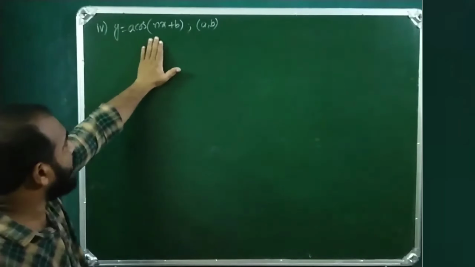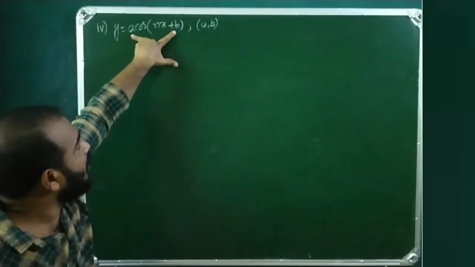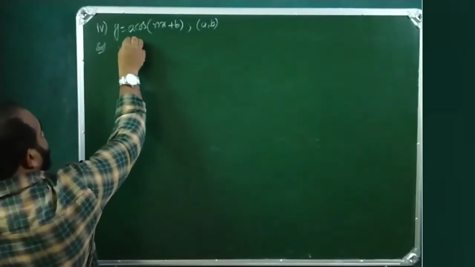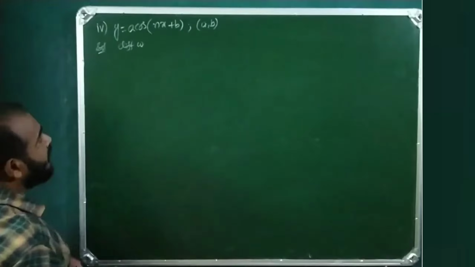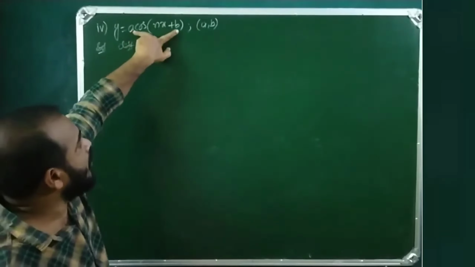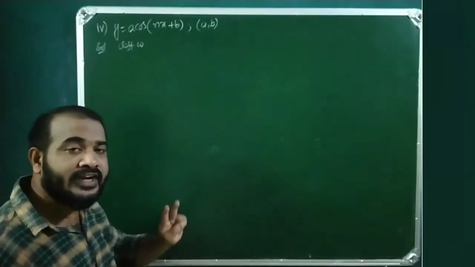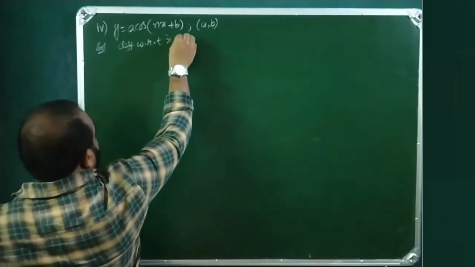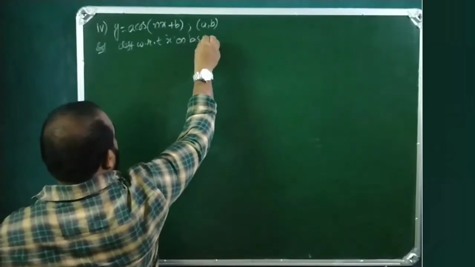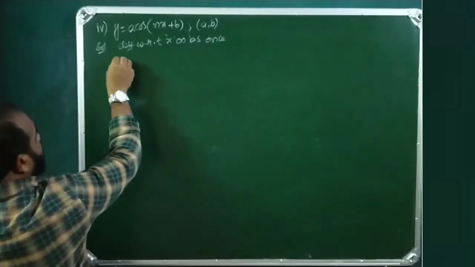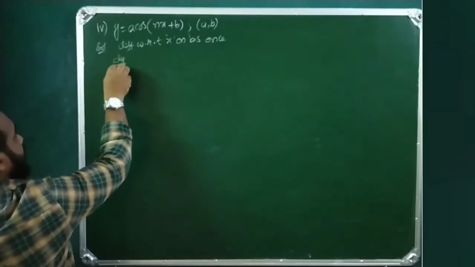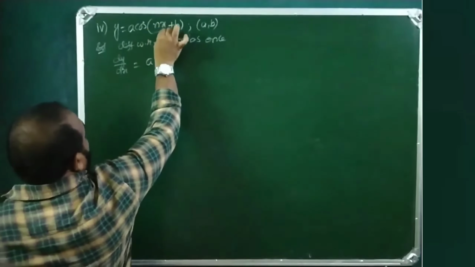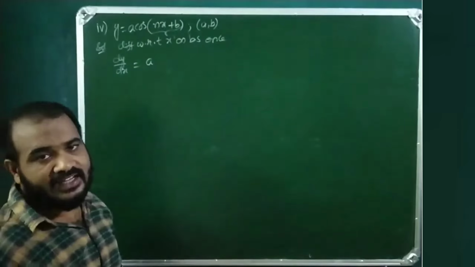y is equal to a cos nx plus b, where a and b are the parameters given. Differentiating with respect to x, needless to say, there are two arbitrary constants, for which we need to differentiate twice. Differentiating with respect to x on both sides once, dy by dx is equal to a into, let us suppose this whole to be x, cos x it has become now.